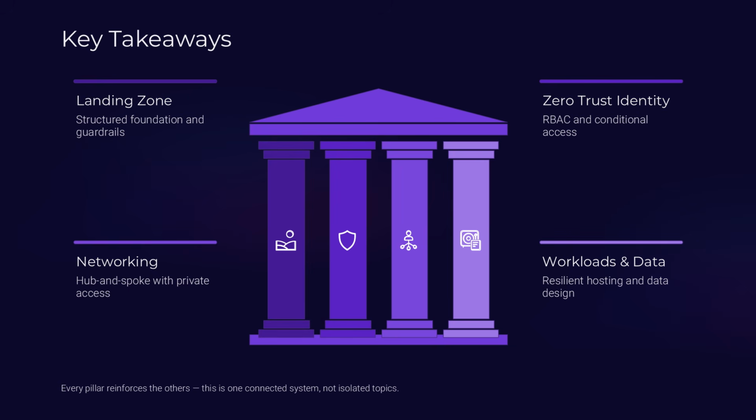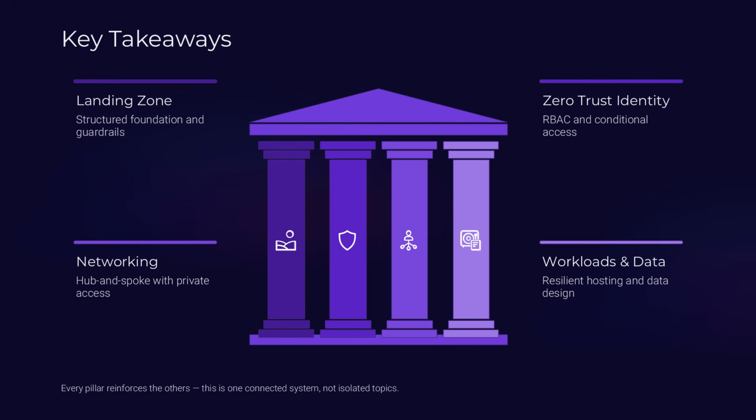You start with management groups, subscriptions, and guardrails to create scalable structure and accountability. You apply zero trust identity and least privilege role-based access control to control who can act and at what scope. You design hub and spoke networking with segmentation, private endpoints, private Domain Name System, and secure administrative access to reduce attack surface and contain incidents.